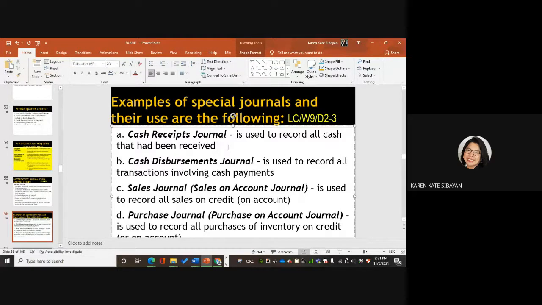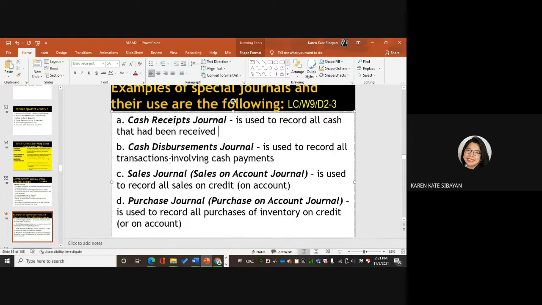Your OR, your official receipt copy, will serve as an evidence sa lahat ng cash na na-receive mo. Kasi it should be always supported by receipts.